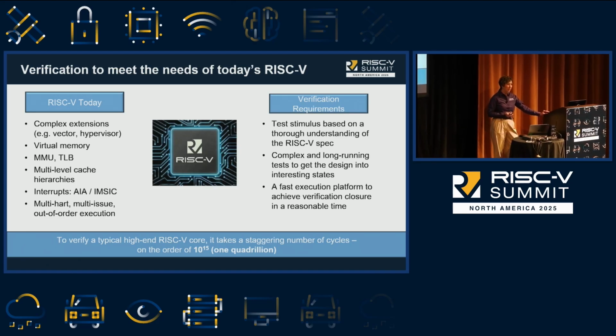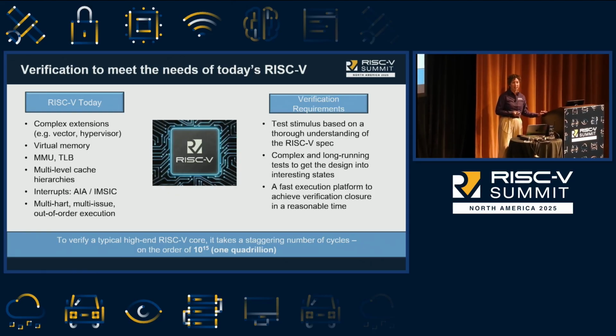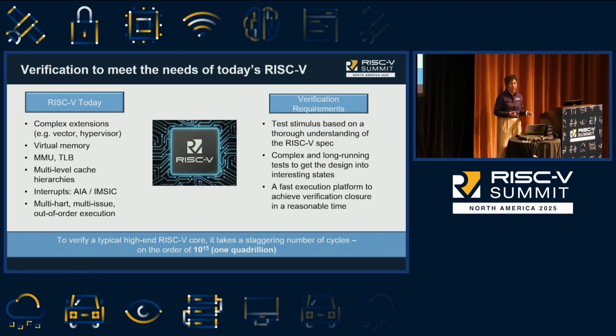So we don't just need test stimulus that's based on an understanding of the instruction set architecture. Of course, ISA verification for your implementation is still important, but in addition to this, we need more complex and longer running tests in order to get the design into interesting states, such as when caches or internal buffers are filled.